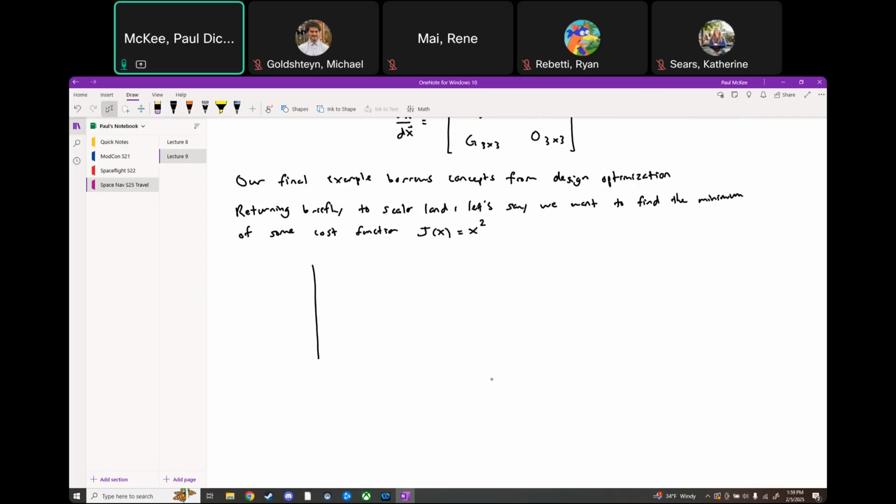So we know that what we're about to do, here's x, here's J of x. This is a parabola, which just touches the origin. Okay, so we know that this is the answer. The minimum value of x is 0 because 0 squared is 0. Any deviation from that, and you're going to get some non-zero cost.